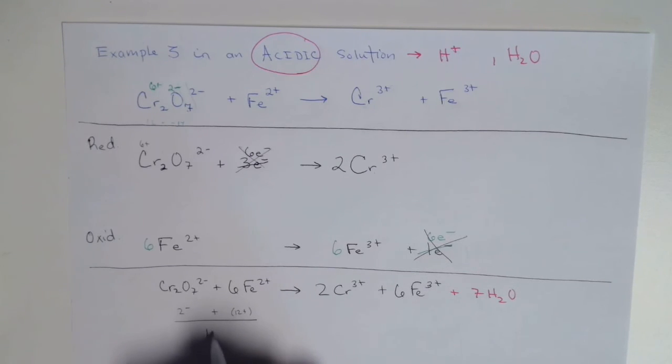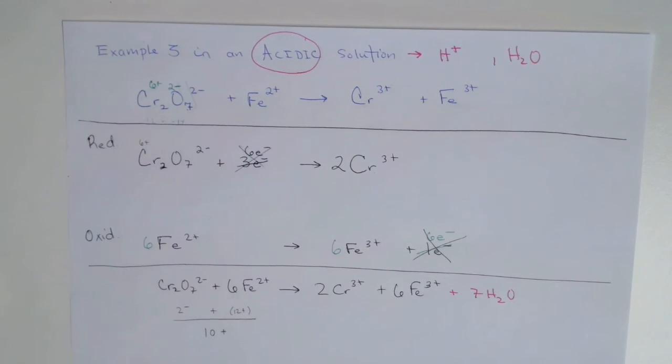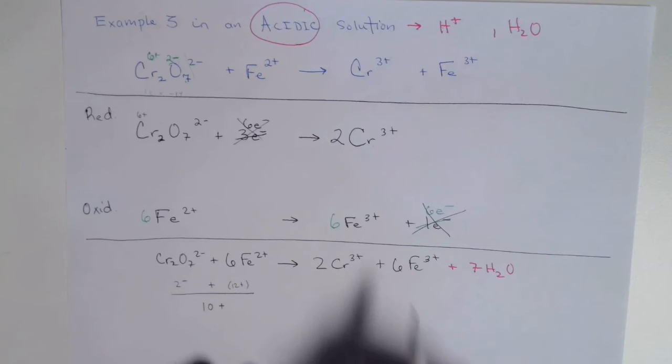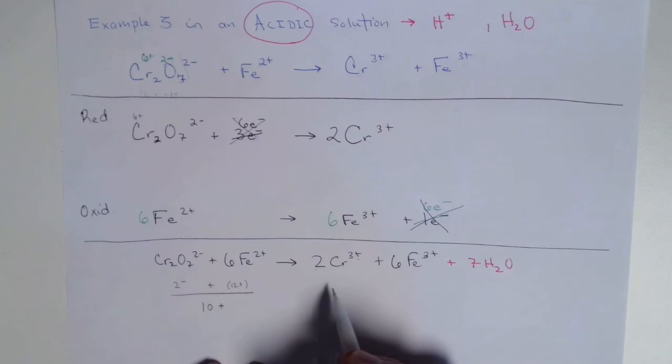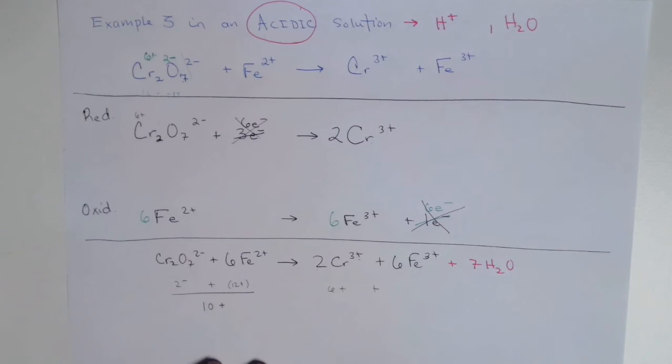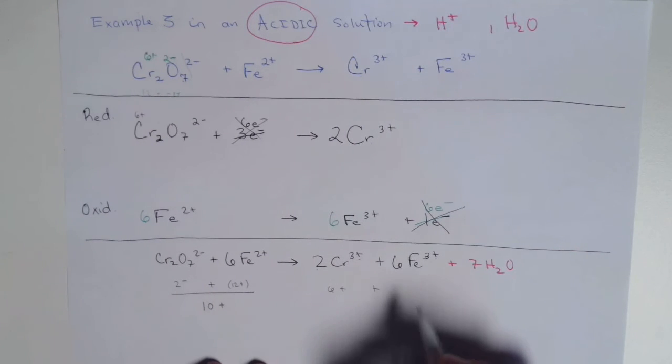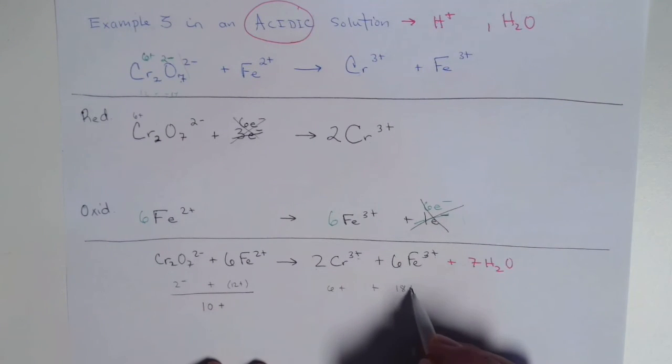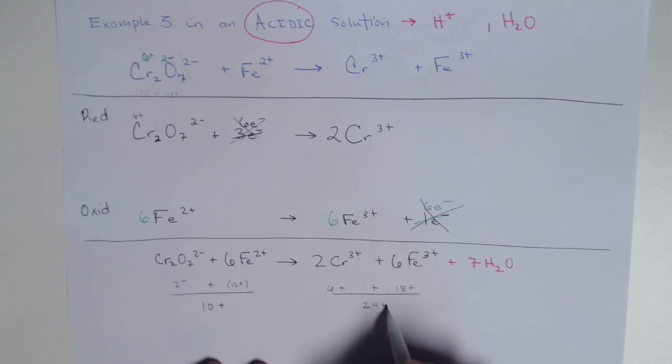So I have a total of 10 positive on this side. So you've got to look at the overall charge and take your time figuring that out. I'm going to write it out in pencil for you. Here I have 2 3 positive, so I have a 6 positive added to 6 times 3. 6 times 3 is 18 positives. So 24 positives. Wow. Okay. Well, that's not equal, is it?